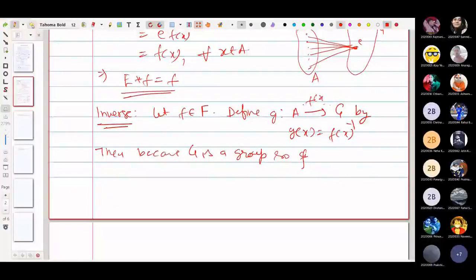So f inverse of x is a member of G and is well defined.